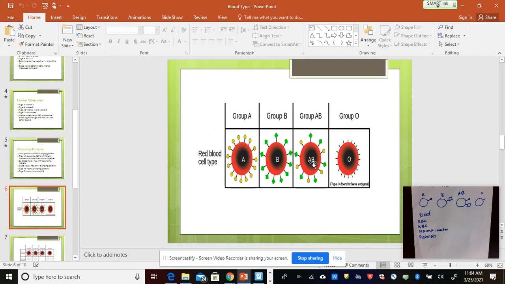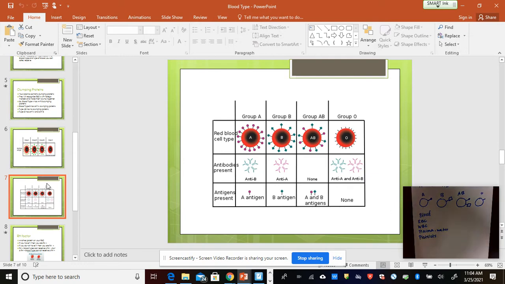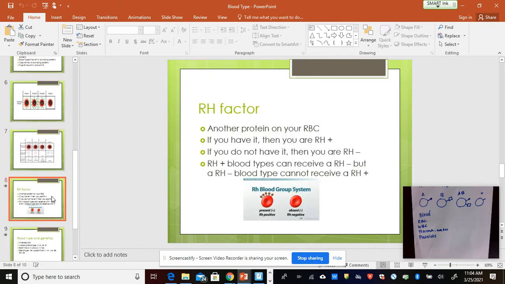There's B. AB, notice, has both, and O has none. And then you've got another diagram here that shows the different antibodies and antigens. Don't worry about this anti-A and anti-B. Just look at my drawing here. That will make sense.